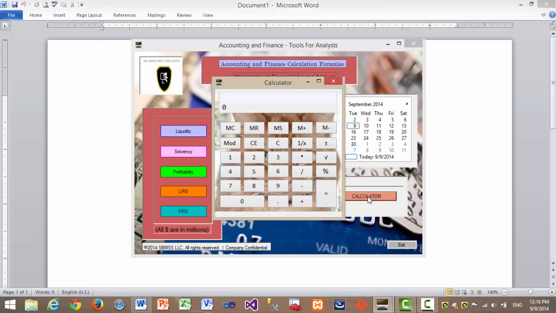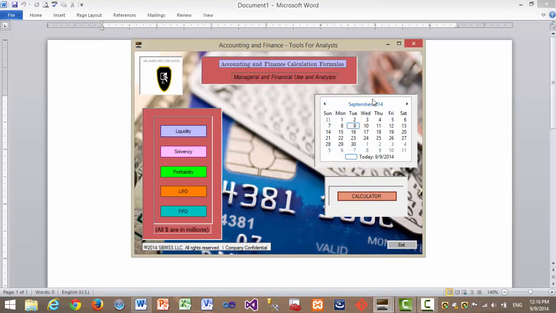It's just a little tool you can use on the side, instead of bringing up your desktop calculator, a nice little convenient tool I put together for you to use. I also include a little calendar for the date that you are in this software.